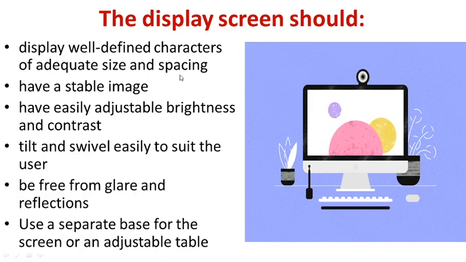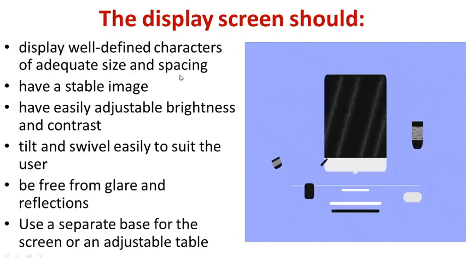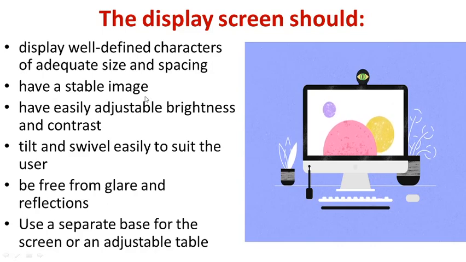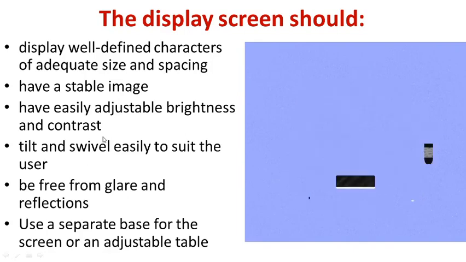To avoid any visibility issue, we are required to have a display screen that should display well-defined characters. Second point specifies, have a stable image. Third point states, have easily adjustable brightness and contrast for appropriate vision without any discomfort.